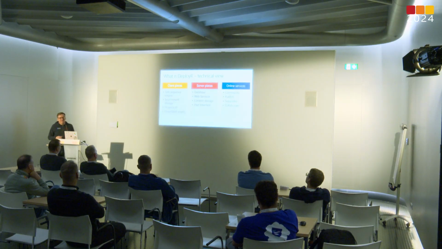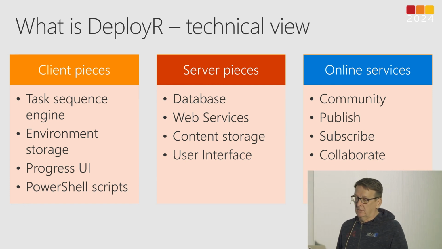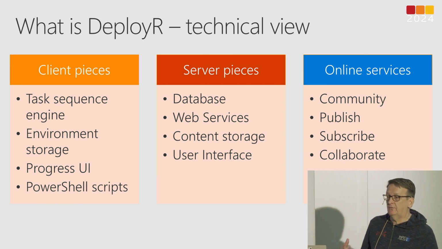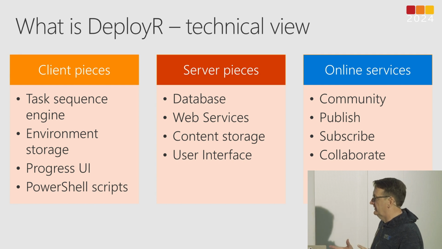From a technical viewpoint, these are the pieces that DeployR consists of. So we have the client pieces, which is the task sequence engine, fairly straightforward, environment storage, progress UI. We want to have a nice UI on the end user part of things, and then PowerShell scripts.